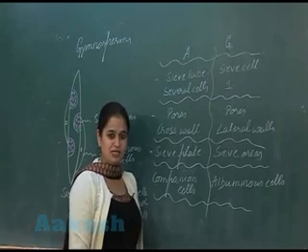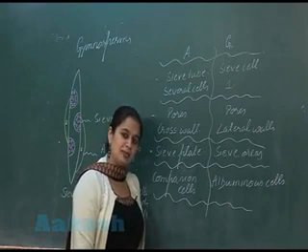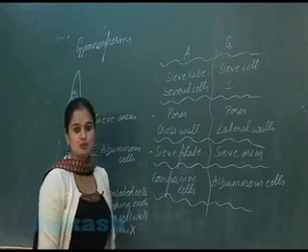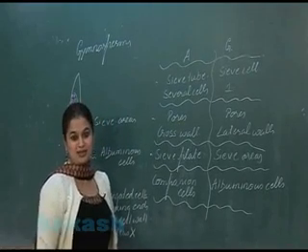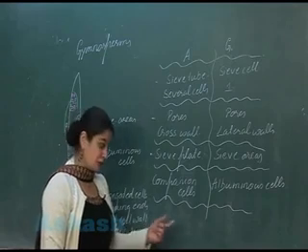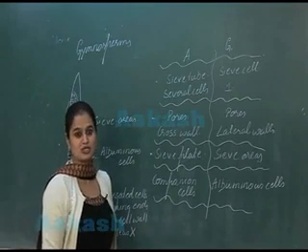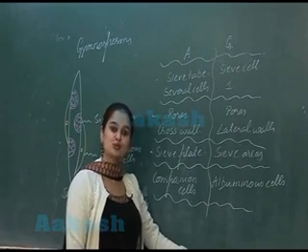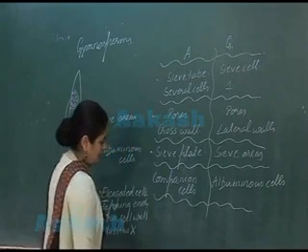In the same way, the companion cells are helping in the sieve tube. But still, the albuminous cells are not known as true companion cells. Why is it so? Now we are going to answer this question. Why are the albuminous cells not known as true companion cells?